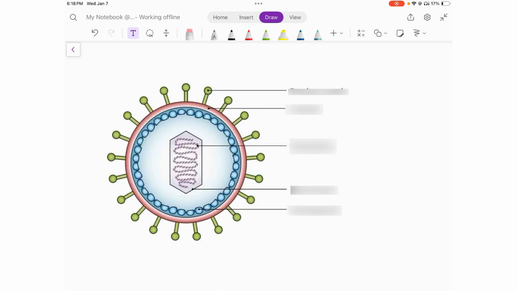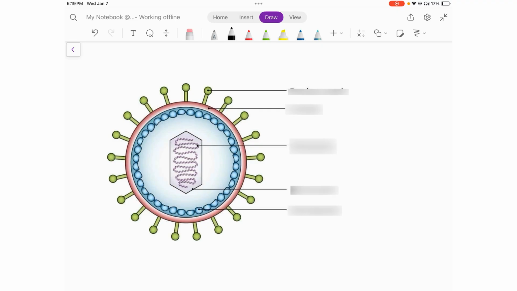We're almost done with this chapter, and the final part of this chapter is understanding what a virus is. So, a virus, well, there's an ongoing debate about viruses. Some scientists are debating that they are cellular organisms.